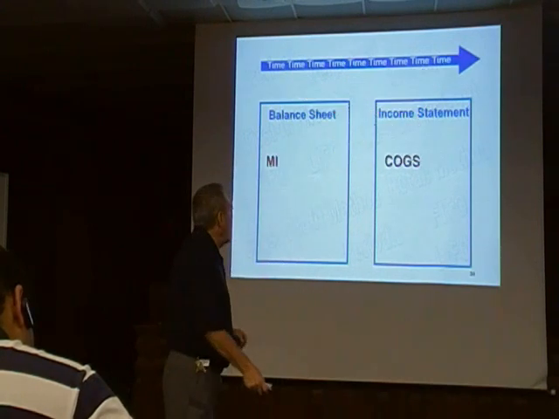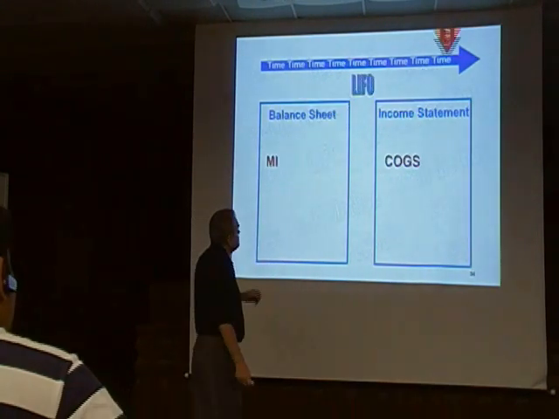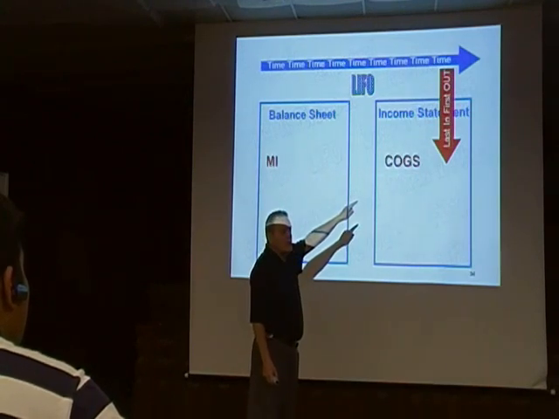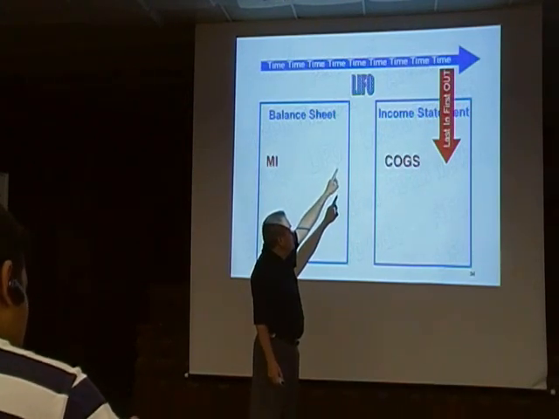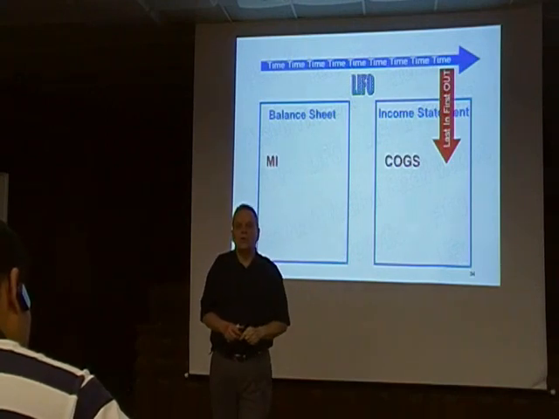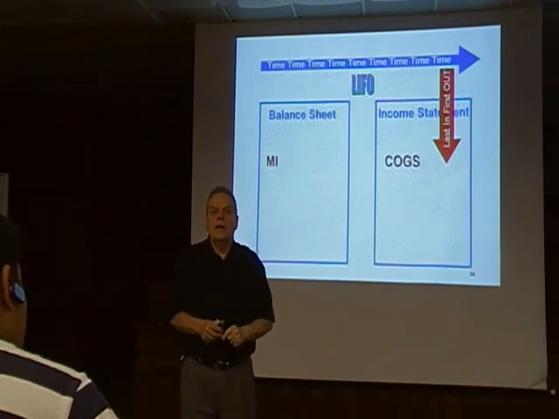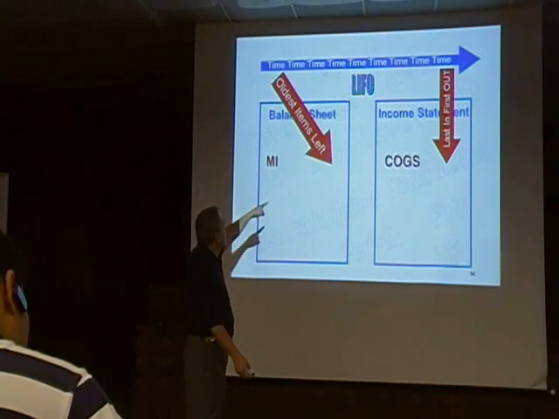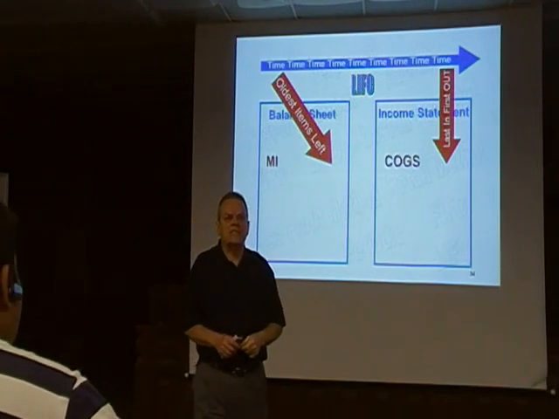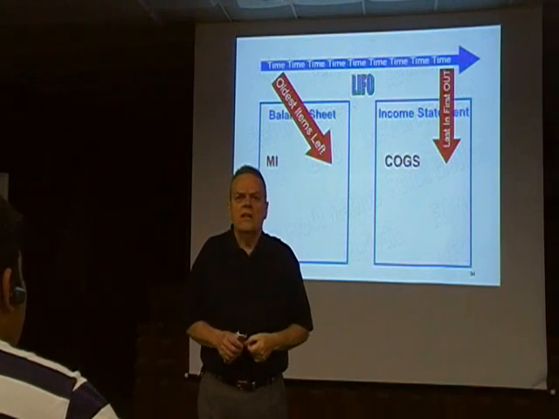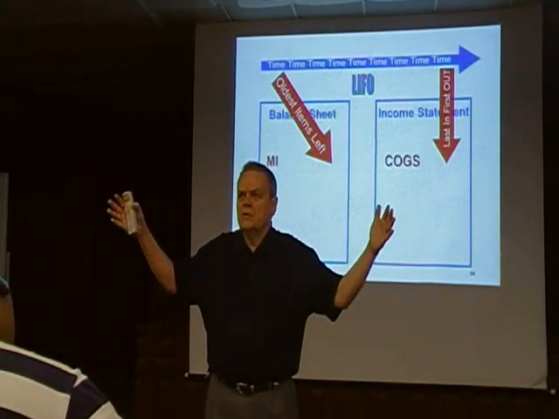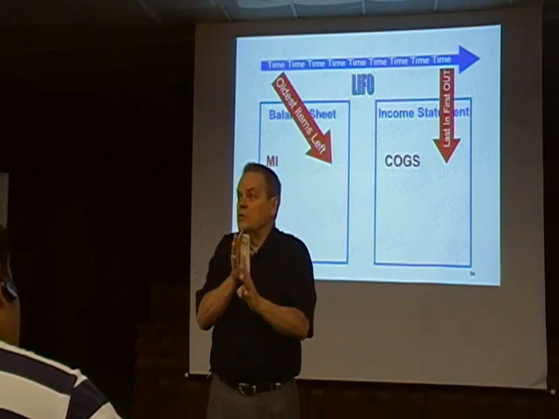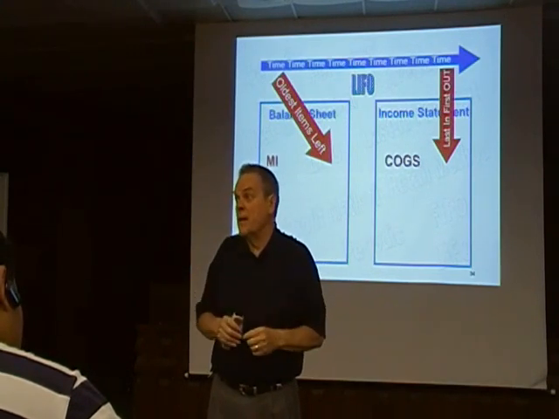LIFO says that the last goods in were the first goods assumed to be sold. The cost of those is assigned to cost of goods sold on the income statement. If any goods remain, they're the oldest ones. Way back at the beginning, the oldest items are assigned to merchandise inventory on the balance sheet. They are the extremes, the opposites. Average is always going to be someplace in the middle, as you would expect.